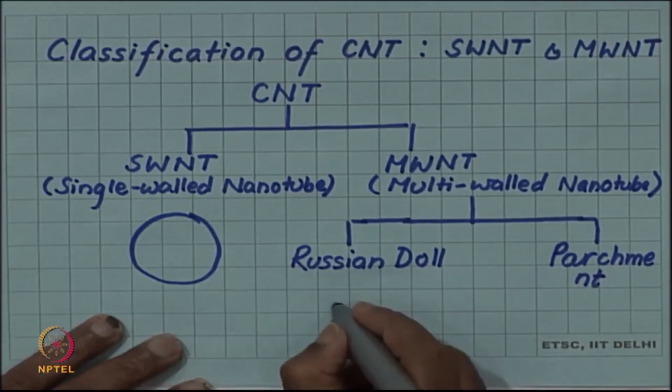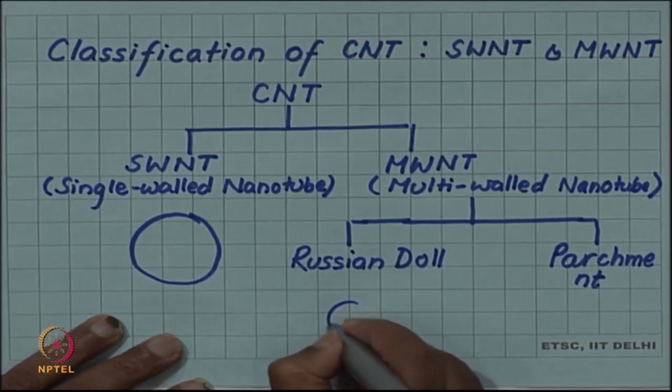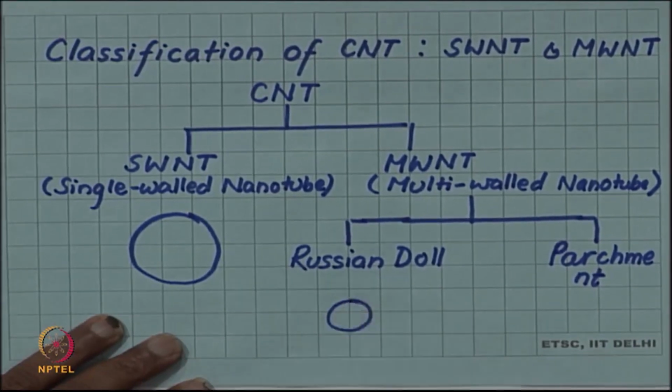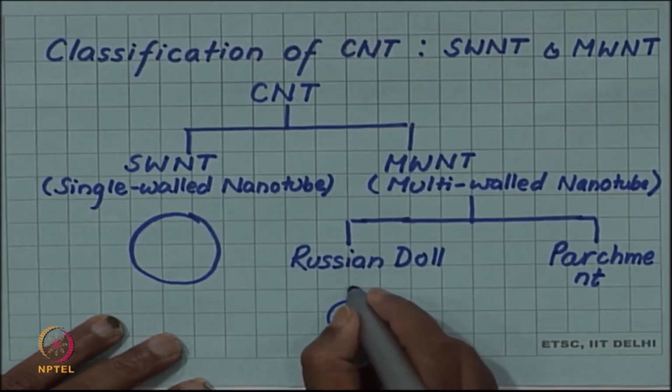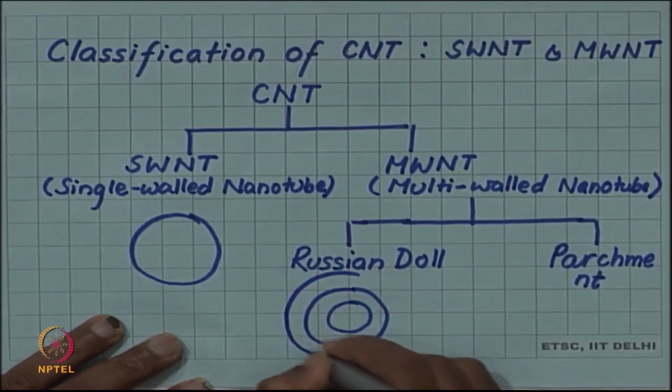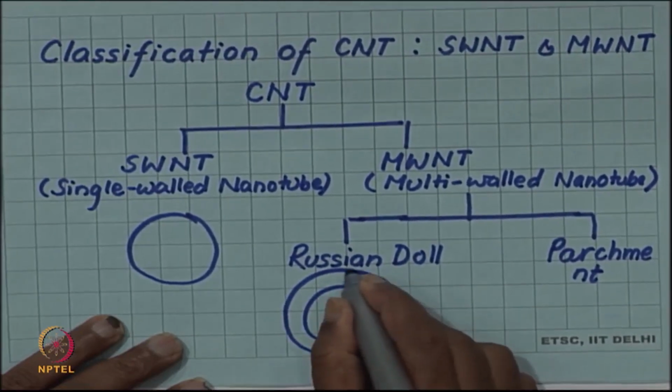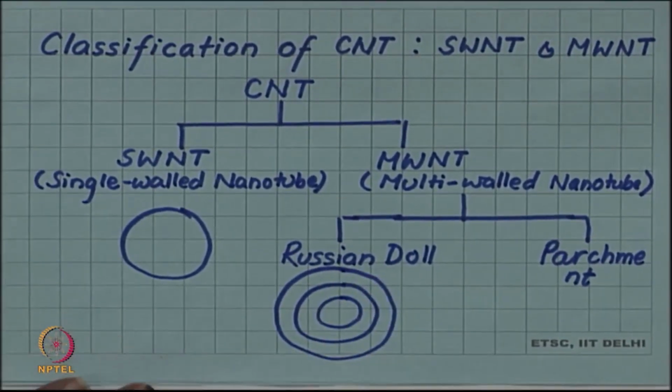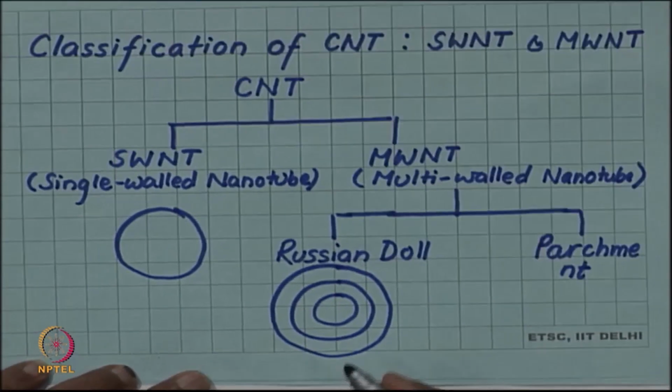In the Russian doll structure, instead of just one graphene sheet rolled into a tube, you have several concentric tubes.